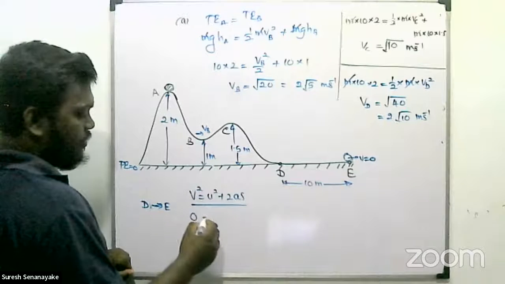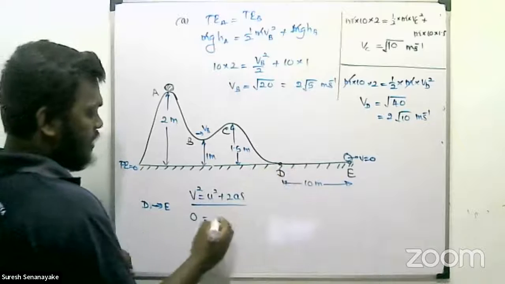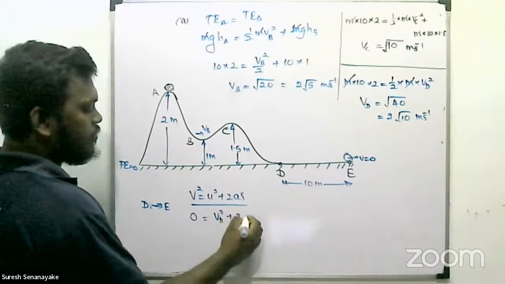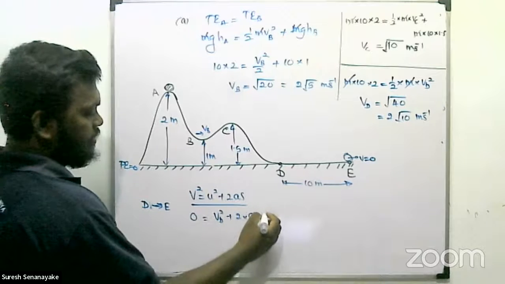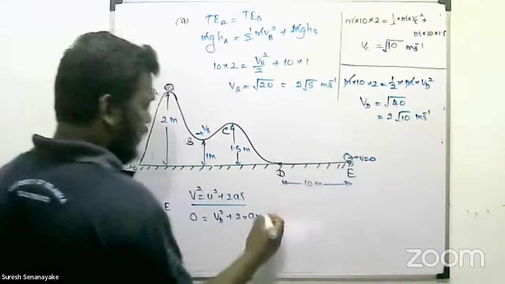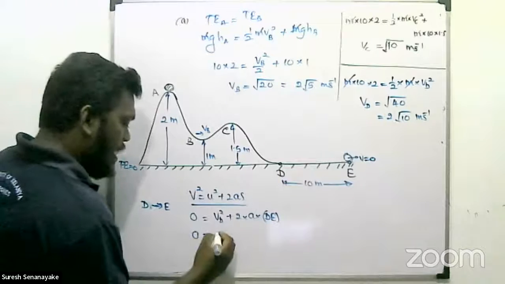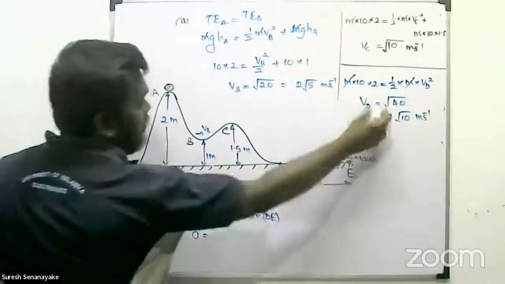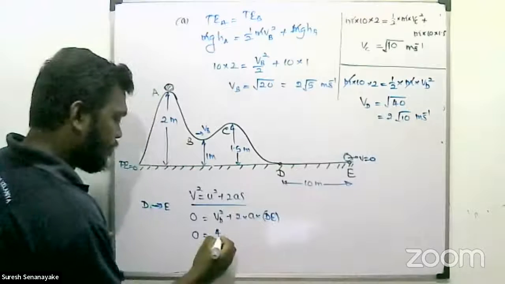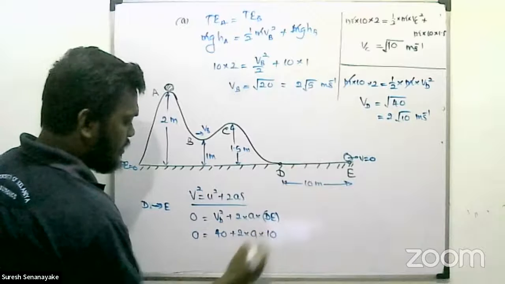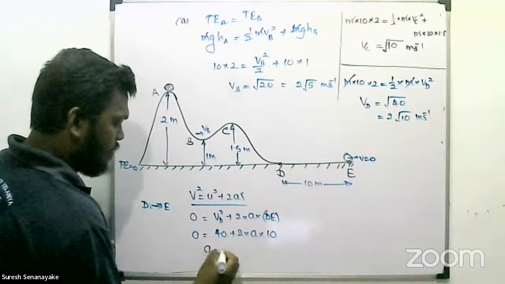So v squared is 0, u squared is the velocity at D, that is v_D squared. The distance traveled is DE. So substitute the values: 0, and this is the square of this, which is 40, a into 10 distance. Then a equals minus 2.